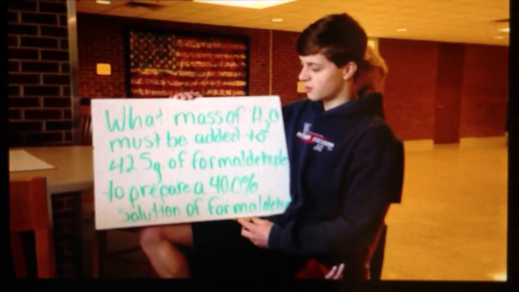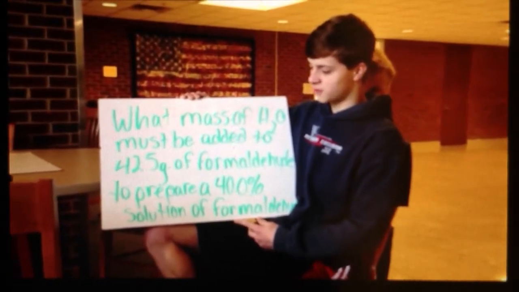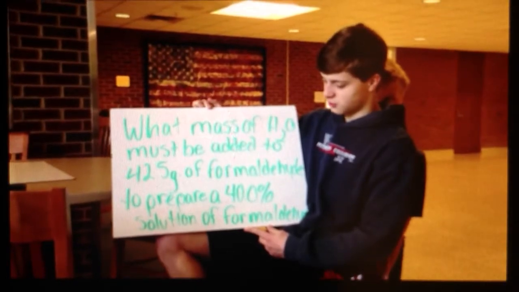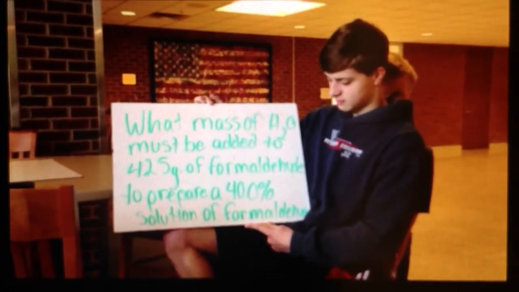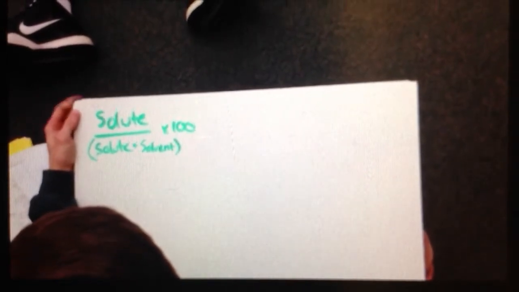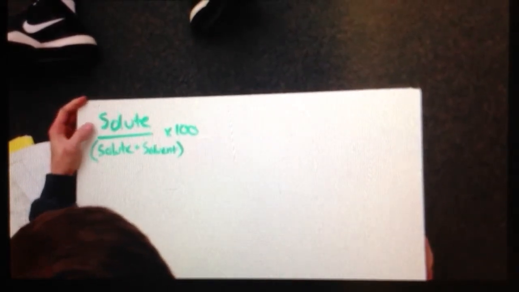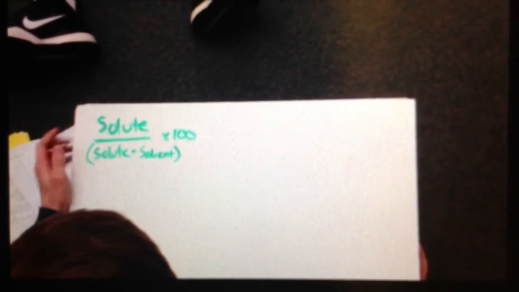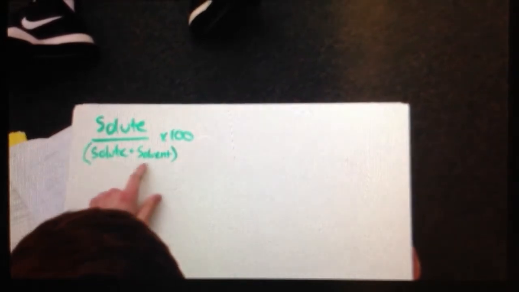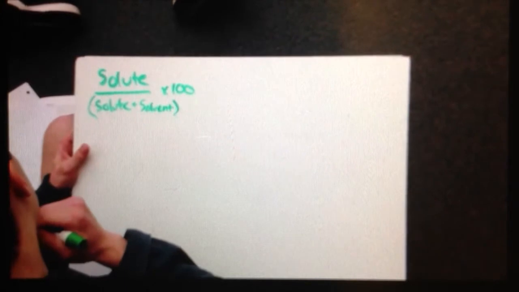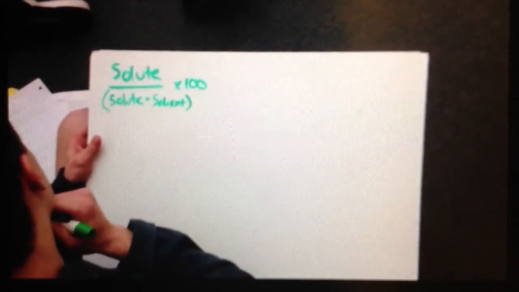What mass of water must be added to 425 grams of formaldehyde to prepare a 40% solution of formaldehyde? Okay, remembering that the equation of mass percent is the solute in grams over the solution in grams, which the solution is the solute plus the solvent, times 100. In this problem, we're going to be solving for the mass of the solution.